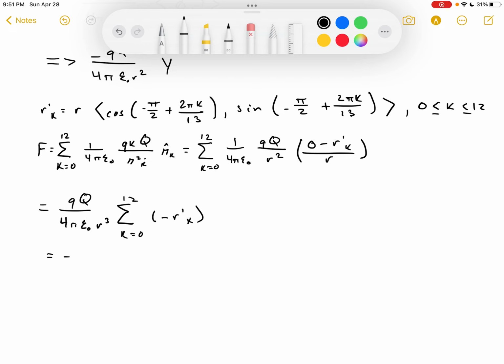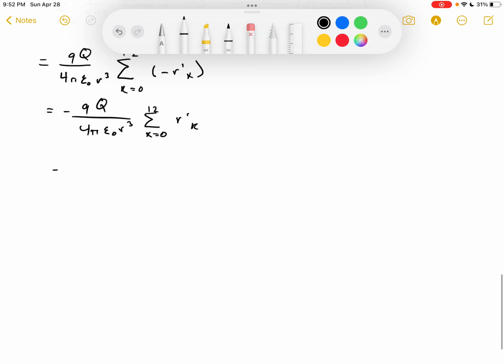Which then gives us negative q over 4 pi epsilon naught r cubed, times r_k.